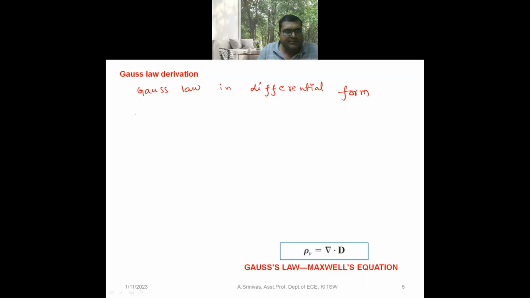Just now we discussed that from the statement of Gauss law, the electric flux is equal to the closed surface integral of D dot dS, which is equal to the charge. Let it be equation number 2. Now apply the divergence theorem.